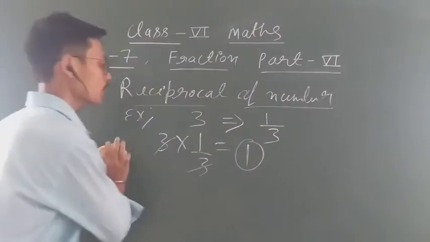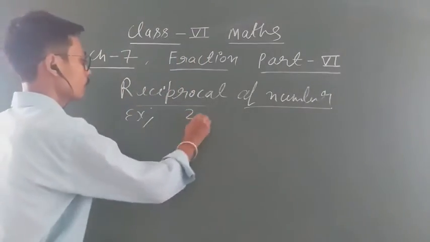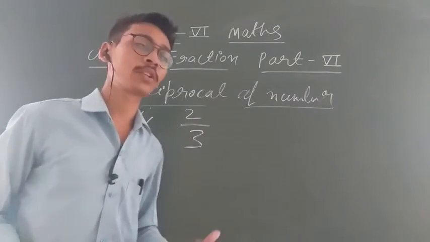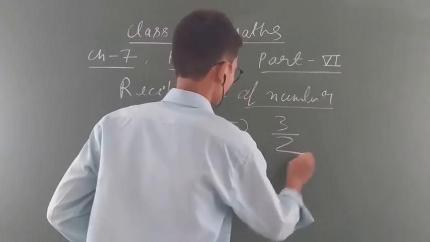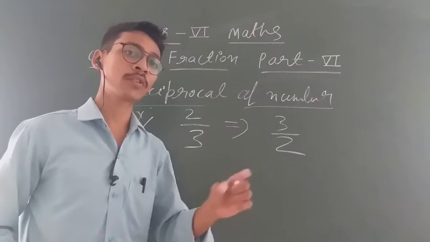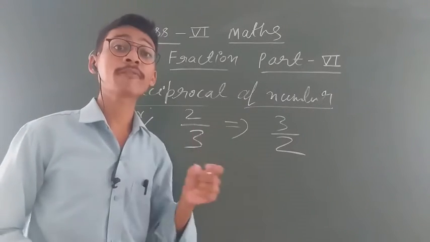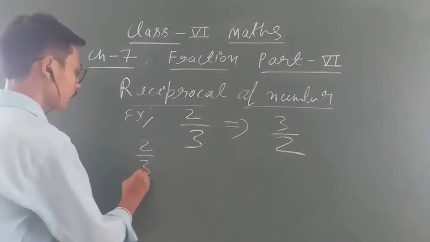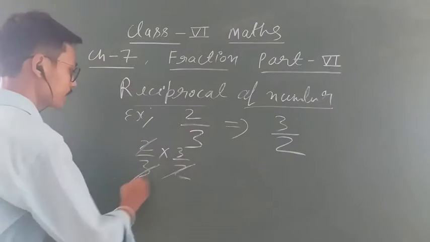So if in the examination the question is given, find the reciprocal of 2 upon 3, you will directly write down that the reciprocal of 2 upon 3 is 3 upon 2. Okay, there is no need of checking because you know the concept. I only gave it for your understanding. But when the question comes in the examination, you will find it out directly. If you check, 2 upon 3 and 3 upon 2: 2 and 2 cancel, 3 and 3 cancel.